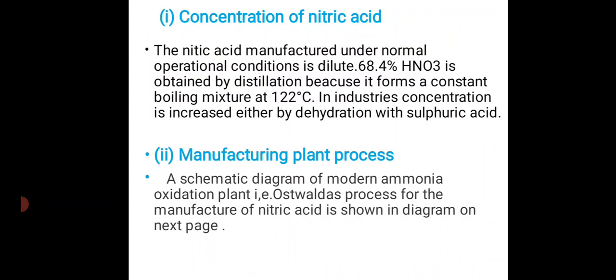Okay. Then next, concentration of nitric acid. The nitric acid manufactured under normal operational conditions is dilute. 68.4% HNO3 is obtained by distillation because it forms a constant boiling mixture at 122 degrees centigrade.